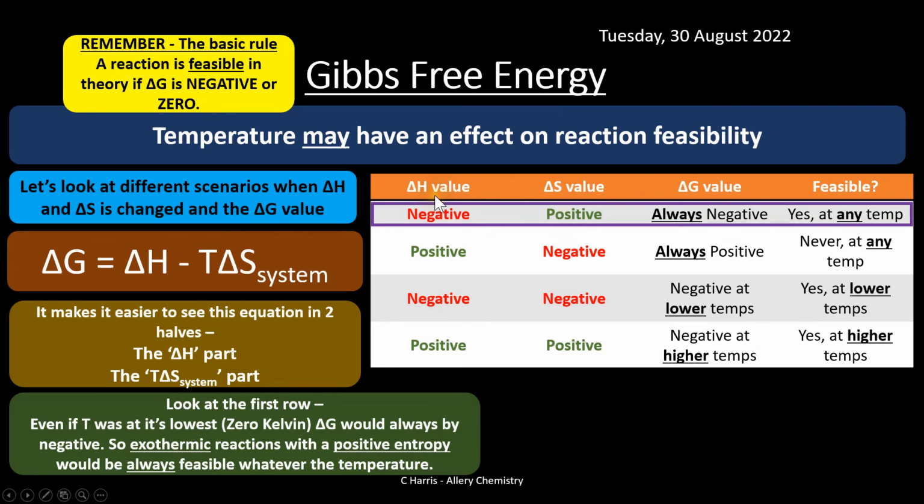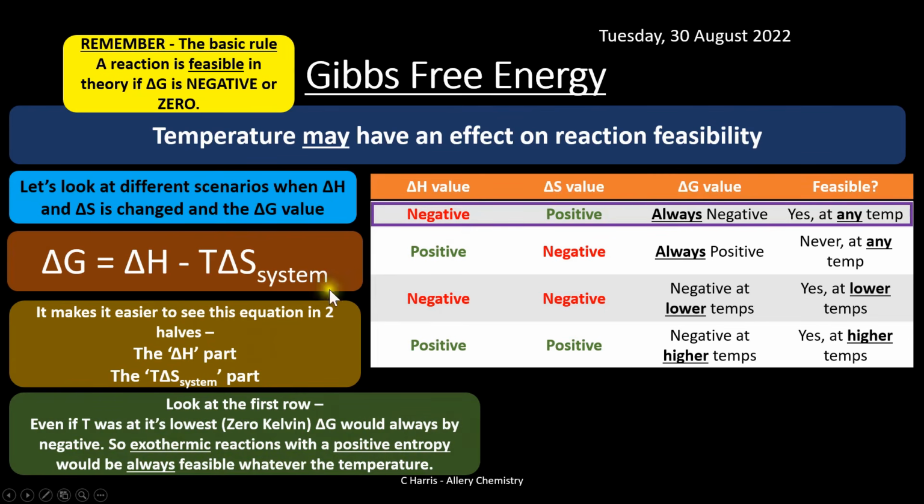So you've got enthalpy which is favorable, entropy is favorable. Then even if T was at its lowest, which is 0 Kelvin, delta G would always be negative. So exothermic reactions, that should be B, sorry, exothermic reactions with a positive entropy will always be feasible whatever the temperature.